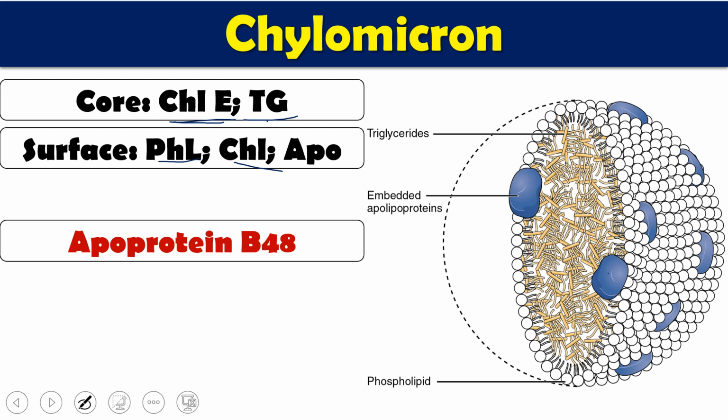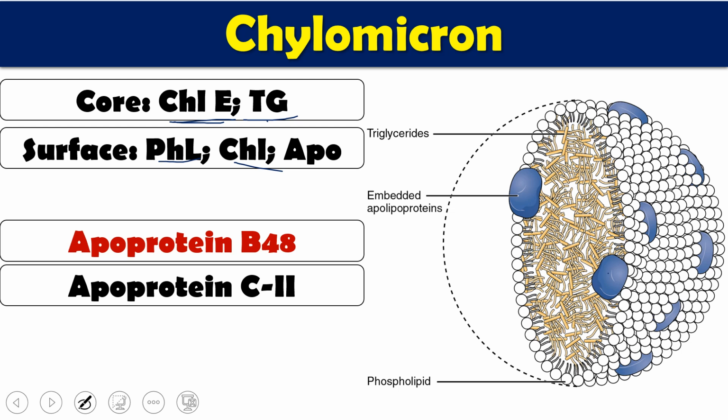If the whole length of the gene gives the protein, it is ApoB100, meaning 100% of the gene product. If it contains only 48% of the gene product, it is called B48.